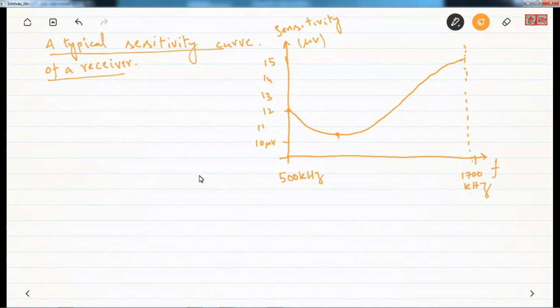Maybe you will do one experiment in the lab. I don't know about your lab course, but you can measure the sensitivity. You take a 400 hertz sinusoid, modulate it on one carrier frequency, maybe 600 or 700 kilohertz, at 30% modulation, then keep increasing the input voltage and measure the output power.